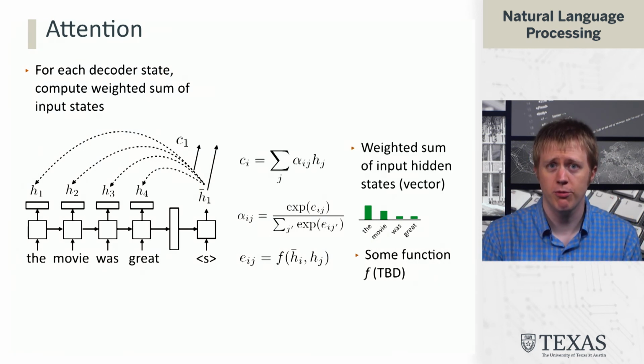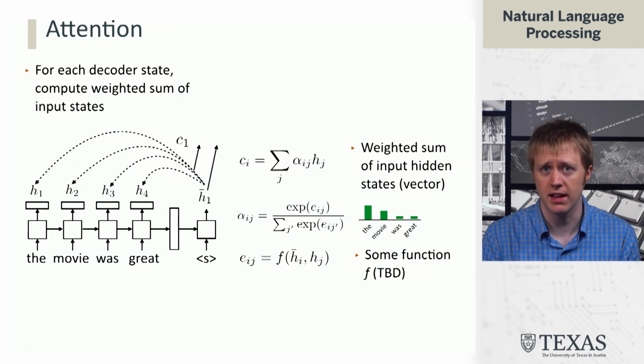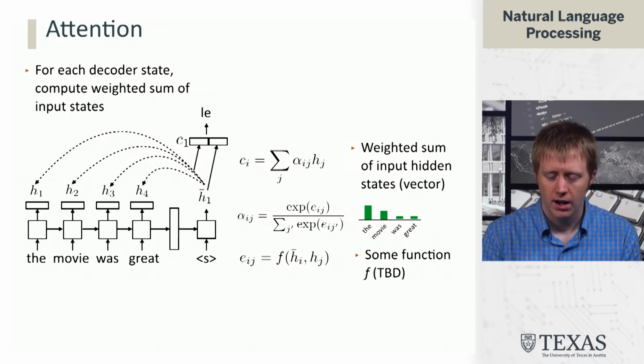All right, and then we form this vector c by just summing up over j alpha_ij times h_j. So we just take a weighted sum of the h_j here, and the weight we use is that probability that we just computed, alpha.